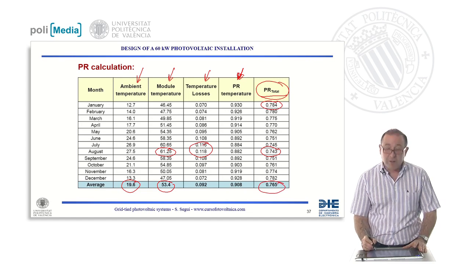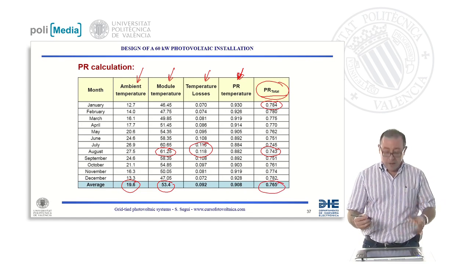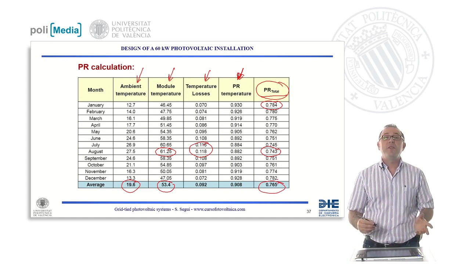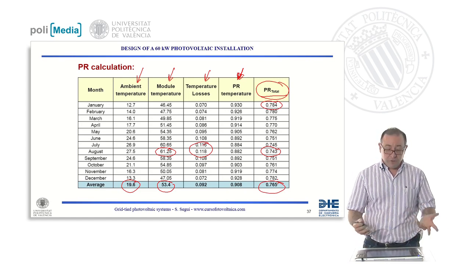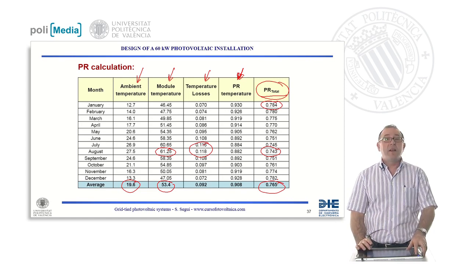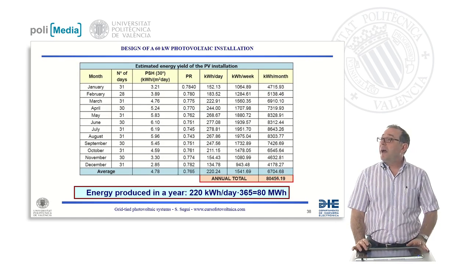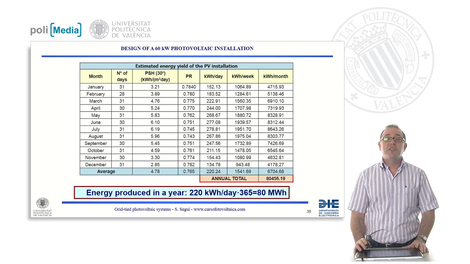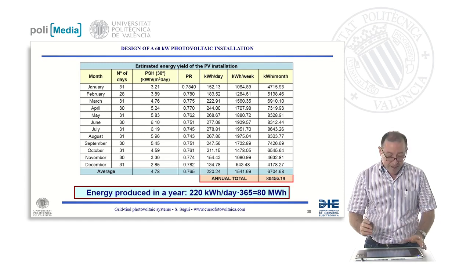The average performance ratio for a plant is going to be in the order of 0.76. That is a value that is accepted in photovoltaic installations as a common value that we can really find in a real installation. Here we have the calculation of the energy yield for different intervals of time.